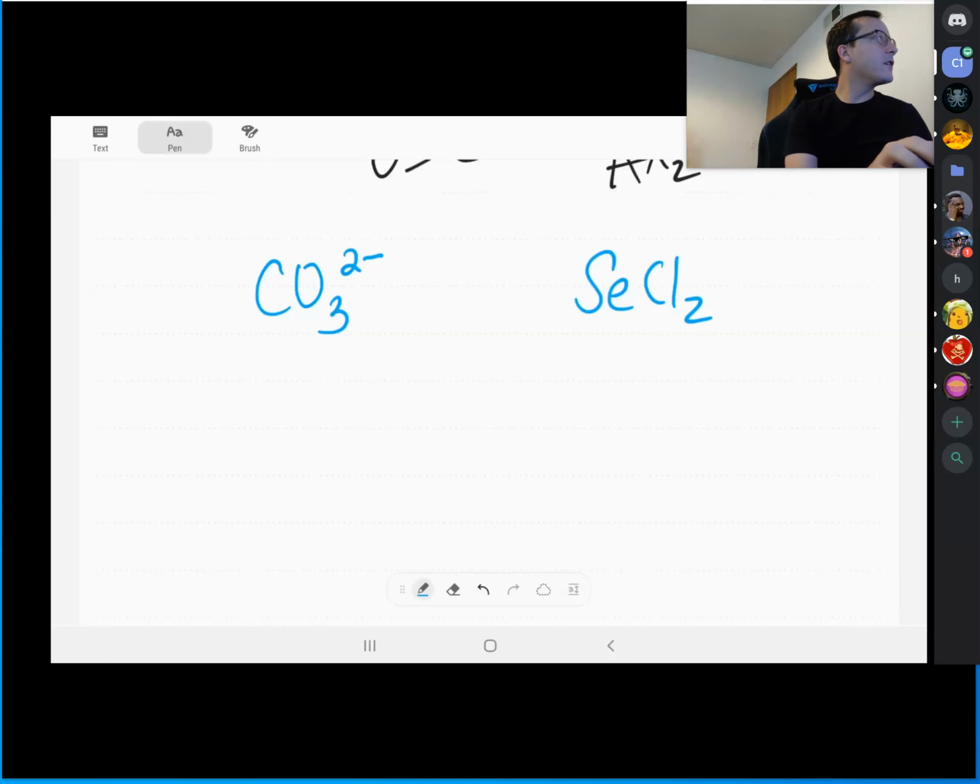Let's see if I have a good random picture from the interwebs, but there you go. That's kind of what trigonal pyramidal looks like, for example.